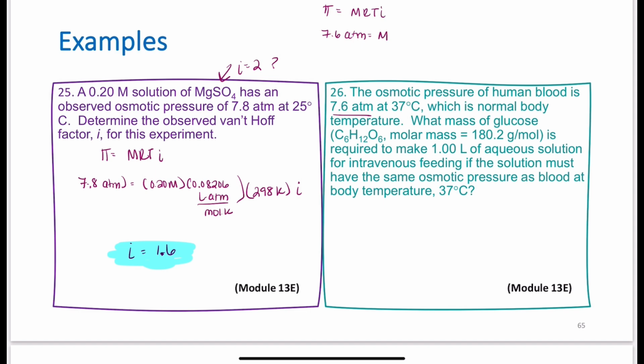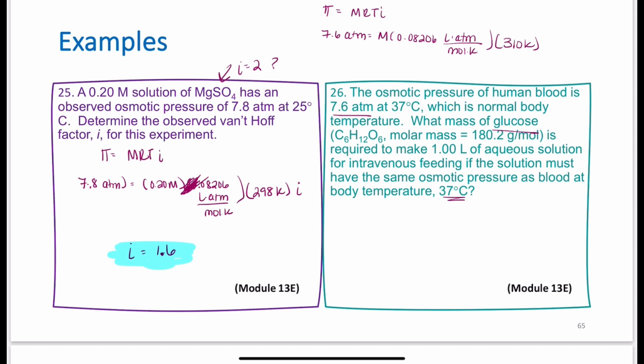I don't know what the molarity is. Actually, that's what I'm going to be trying to find because I'm going to use that to find the mass of glucose. I know my gas constant is 0.08206 liter atmosphere per mole K. I know my temperature here is 310 Kelvin because I converted that to Kelvin.